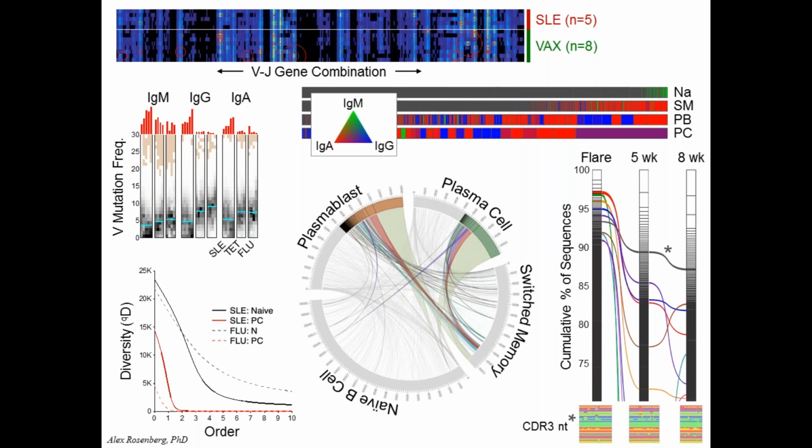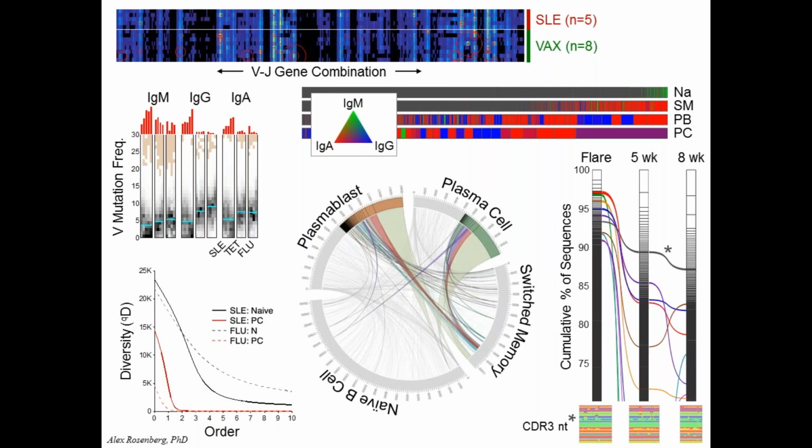And on top of that, we're coding each one of these lineages using barycentric coordinates, namely color. So we have 3 different colors for IgA, IgM, and IgG, and you can see that the distribution of sequences within each lineage is coded by a mixture of the 3. And as expected, the naive are mostly IgM.